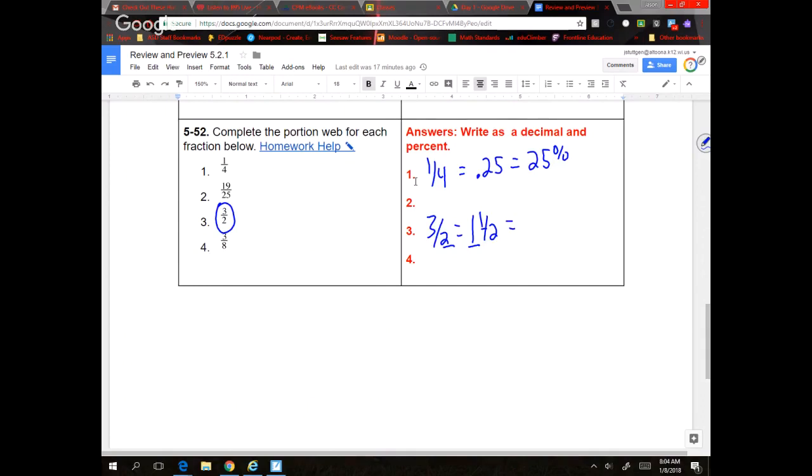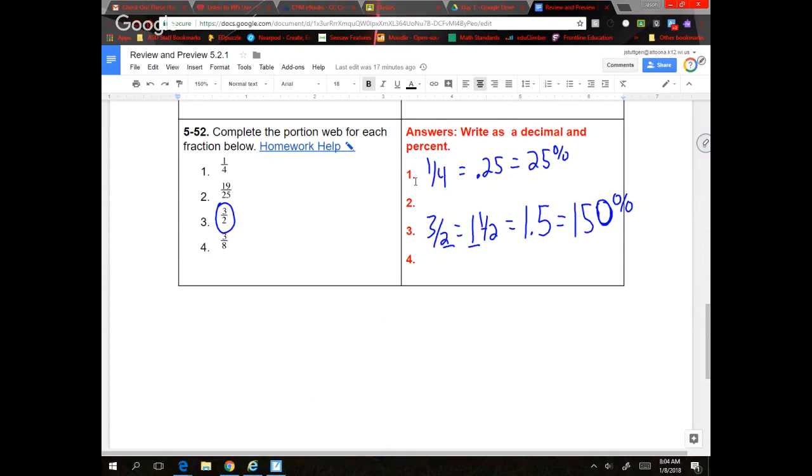Well, that should be an easy one as a decimal because I have 1 whole, and 1/2 is the same as 0.5. There's my decimal. My percent, I should know that 1 1/2 is the same as 100. Oops, that's a bad 0. 150%. All right.